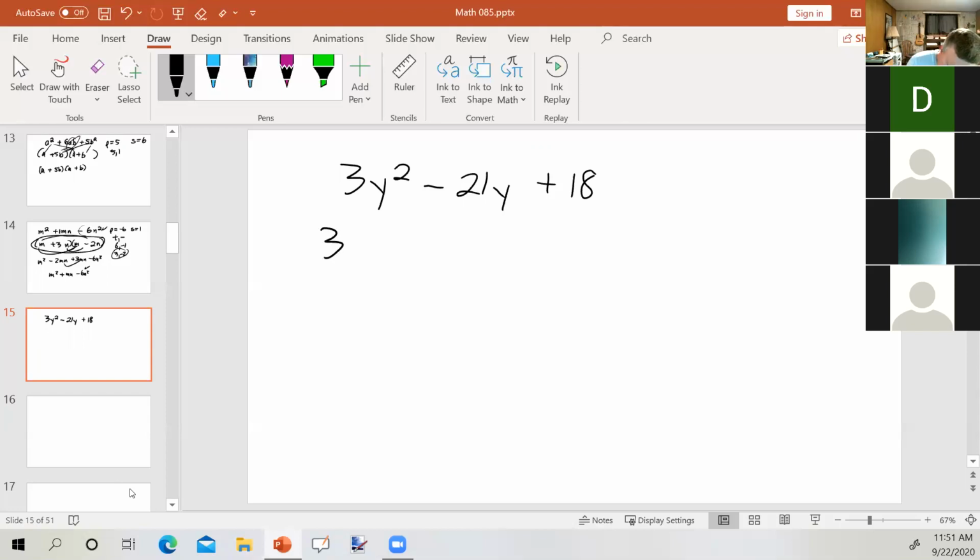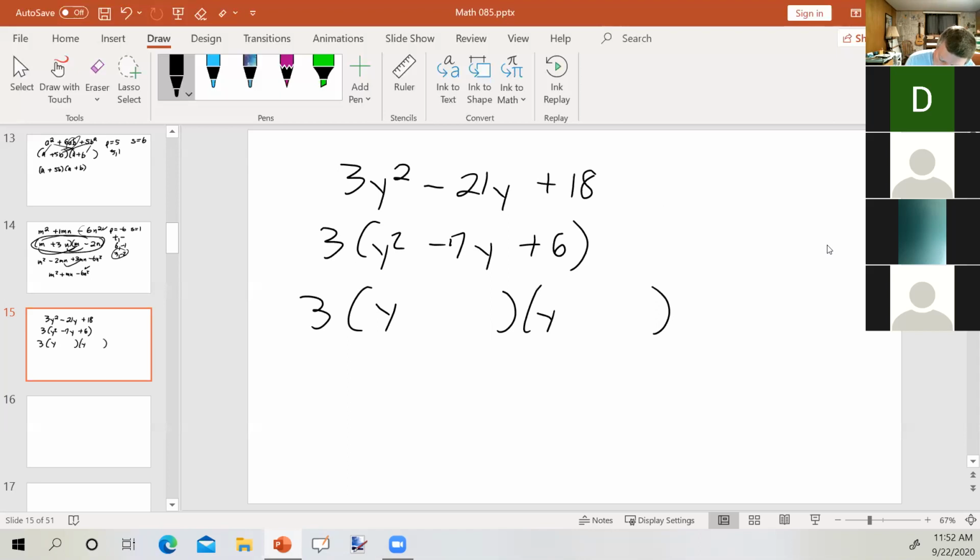So we'll factor out the greatest common factor. Okay. So now inside the parentheses, I have a trinomial with a leading coefficient of a 1. So I'm going to get a 3 and a y and a y, and my product is going to be 6, and my sum is going to be -7.